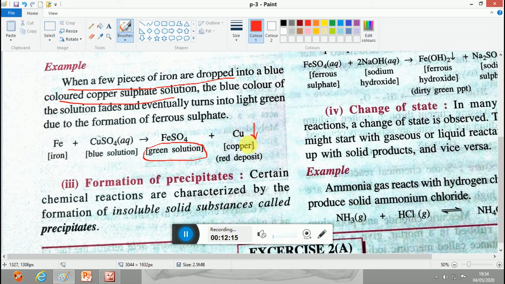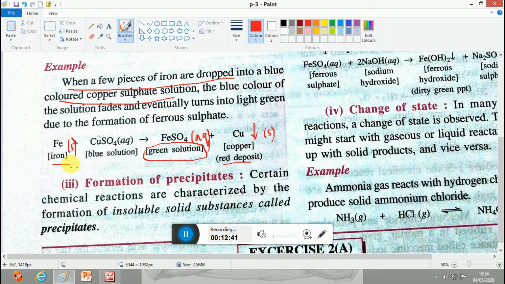This copper is deposited as a red deposit, and it will remain in the solid state, while FeSO4 will be in aqueous solution, AQ, because it is soluble in water. You have to give iron as a solid state.